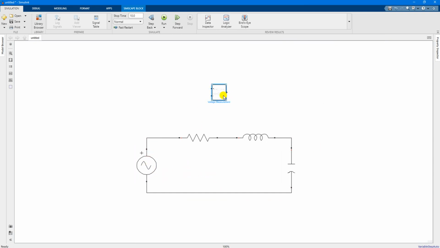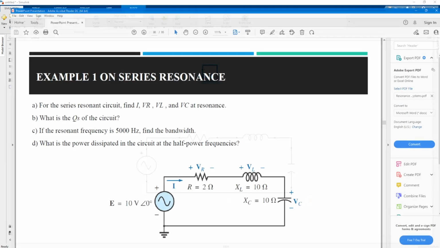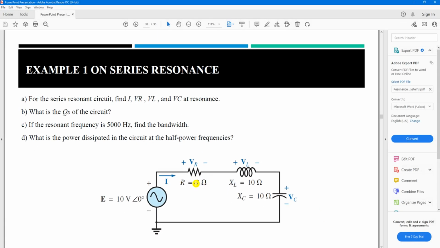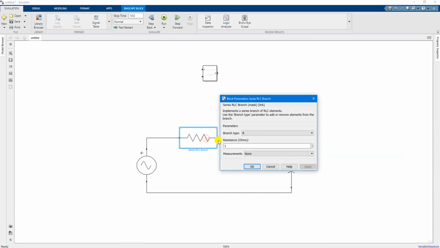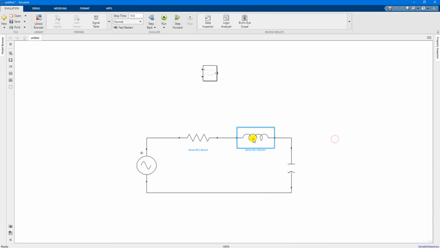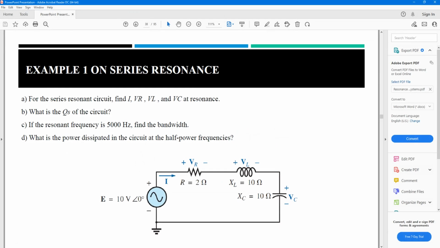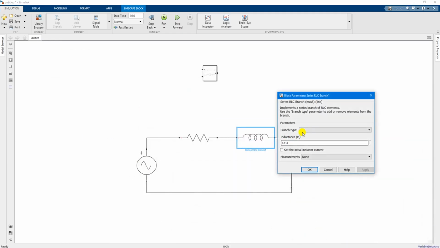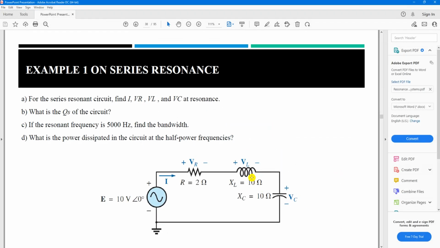Now before we take the measurement, we need to add the values. The first resistor is 2 ohms, so we double click here and enter 2 ohms. Then we need the inductance. Remember, here the input is L, the inductance in Henry, not the reactance in ohm. So what are we going to do? You know that XL is equal to 2 pi multiplied by the frequency multiplied by the inductance.